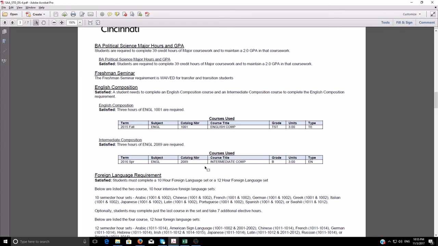For those students who prefer to major in something else, but are interested in the discipline of political science, we have a minor in political science, which includes 21 credit hours of political science coursework. 3 of those courses, or 9 credits, should be introductory, and 4 courses, or 12 credits, should be upper level coursework.